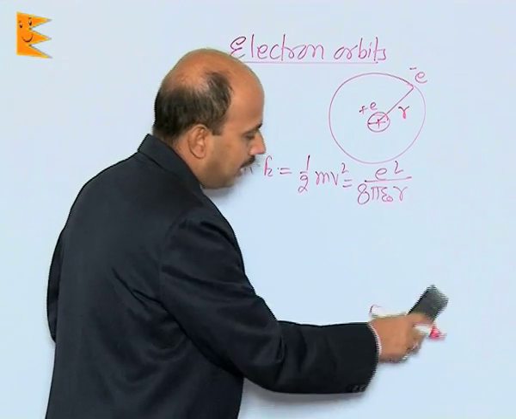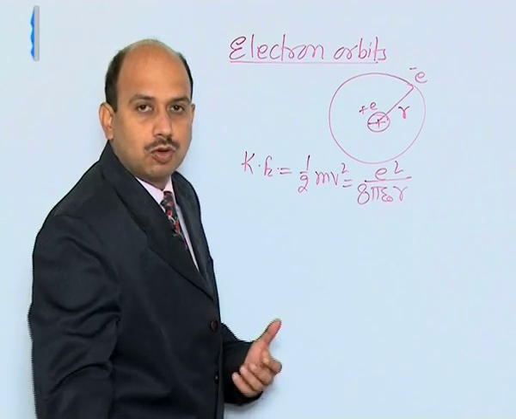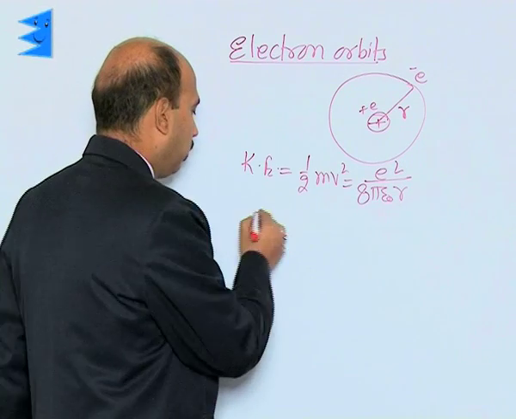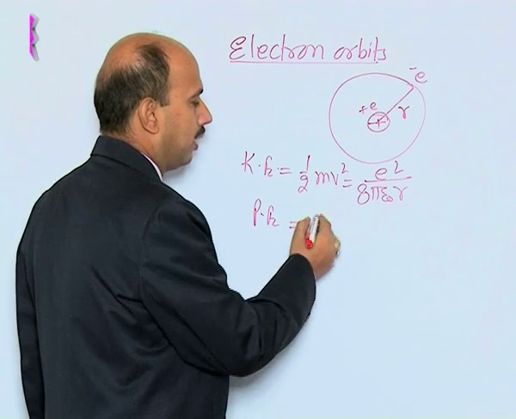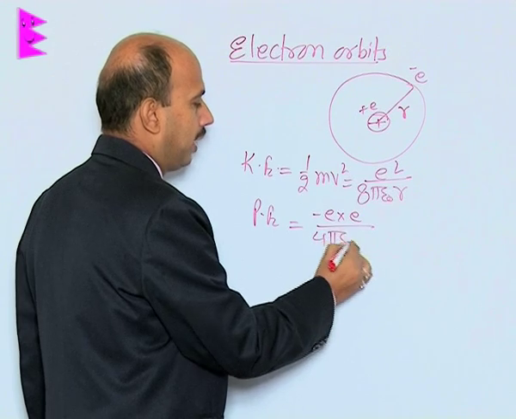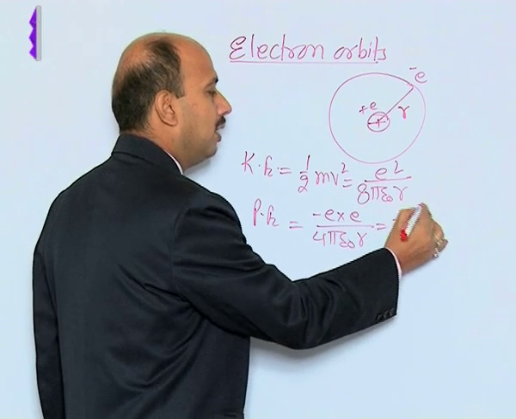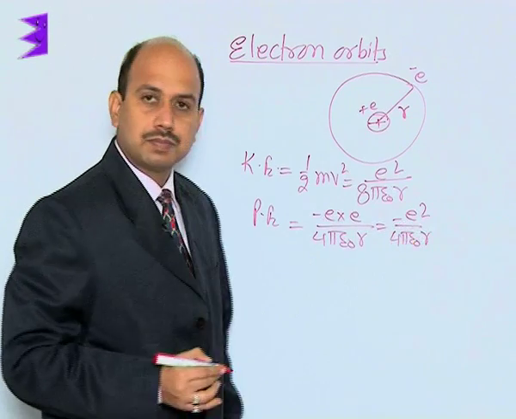After getting the kinetic energy, we can get the electrostatic potential energy of the electron also. So, the electrostatic potential energy, that is PE, is equal to minus e into e divided by 4 pi epsilon naught r, that is minus e square upon 4 pi epsilon naught r.